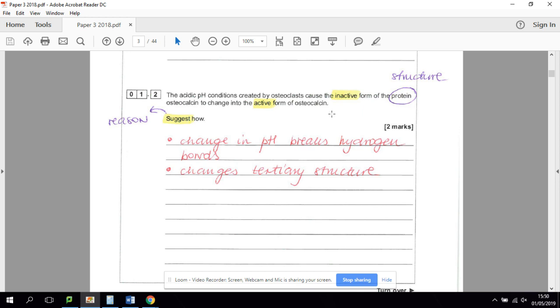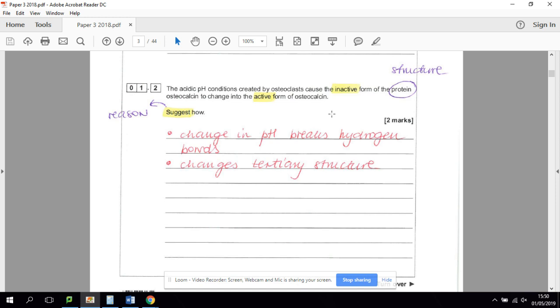So proteins, we're thinking about the structure. What's the reason of becoming from inactive to active? Here we're thinking about the induced fit, for example. What happens? So the change in the pH could break the hydrogen bonds, so that changes the tertiary structure of that protein, because it was information that this is a protein.